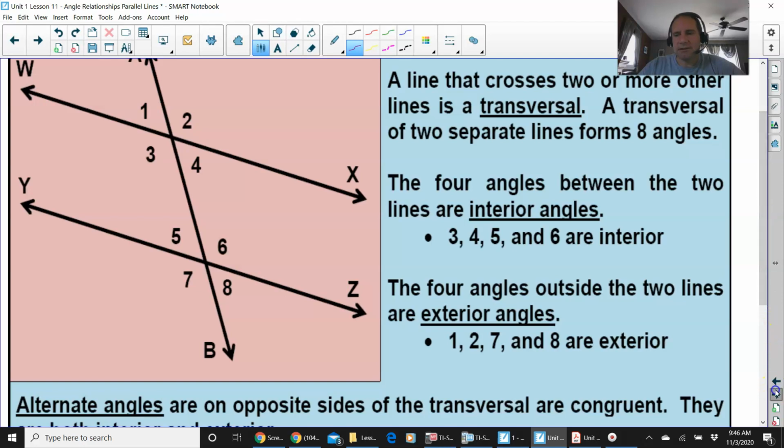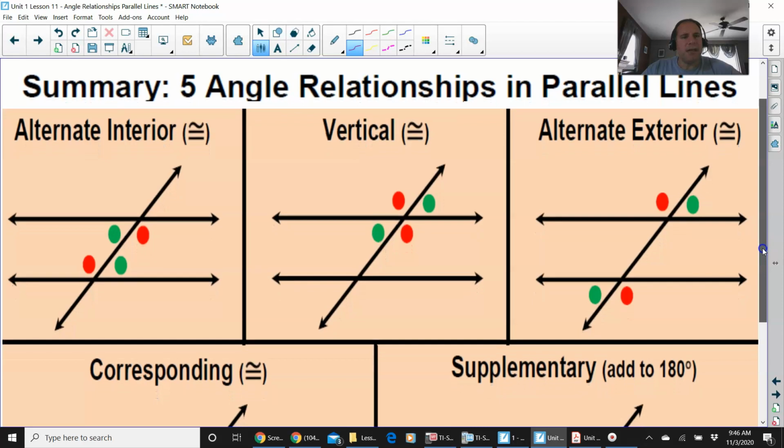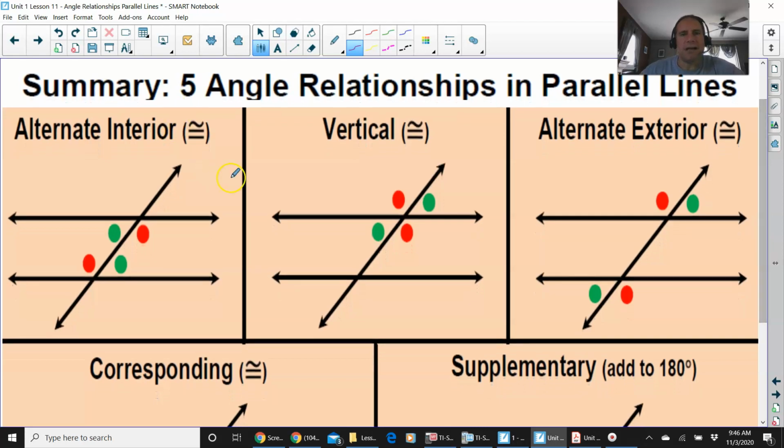All right, let's go on to the next page. Please go ahead and do what I do right here. We are going to match up the alternate interior angles, connect them like this, and then connect the other pair of alternate interior angles like this. Remember, this is obtuse, this is obtuse.